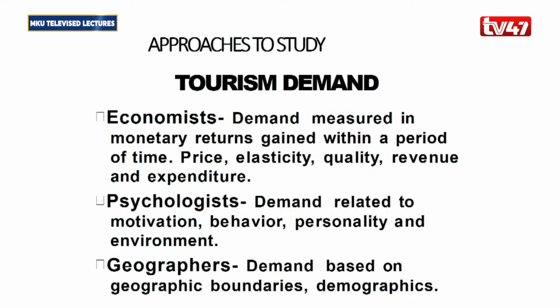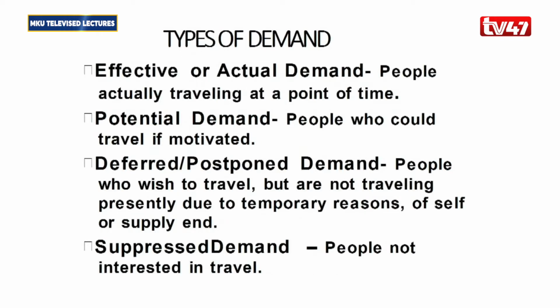The psychologists will look at demand as relating to motivation, behavior, personality, and the environment within which the individual operates. Geographers, on their side, look at demand based on geographic boundaries and demographics.